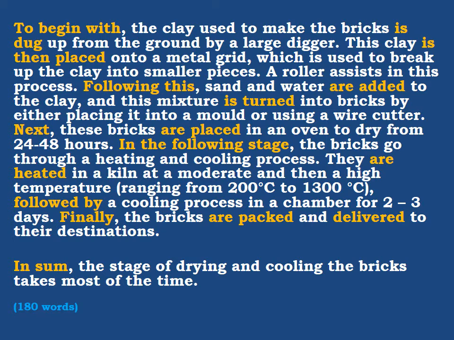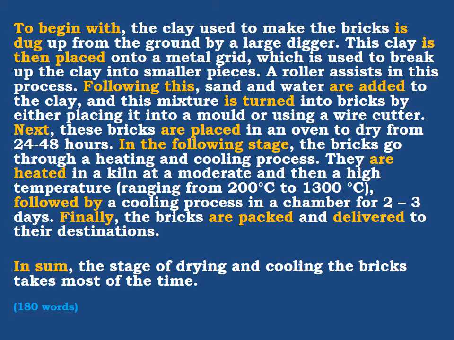This clay is then placed. Again, I mentioned this verb. I told you it could be place or put. So either this or that. This clay is then placed, and here we did not use then at the beginning of the sentence. We used it in the middle, and this is possible.